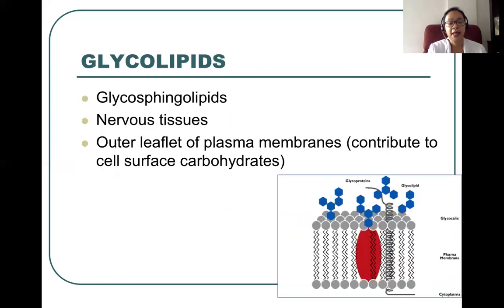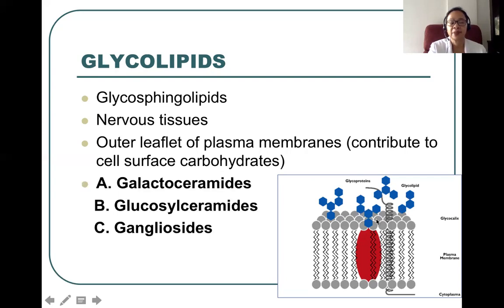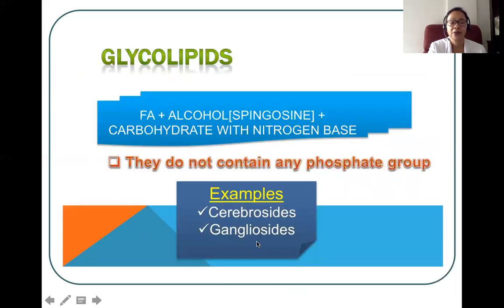Okay. So next we have the glycolipids. So they are also very important constituent of the nervous tissues. They contribute to the cell surface, here in the outer leaflet of the plasma membrane. So they are the surface carbohydrates. So you have your galactoceramides, glucosylceramides, and your gangliosides.